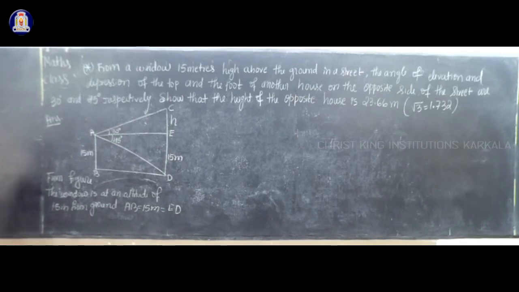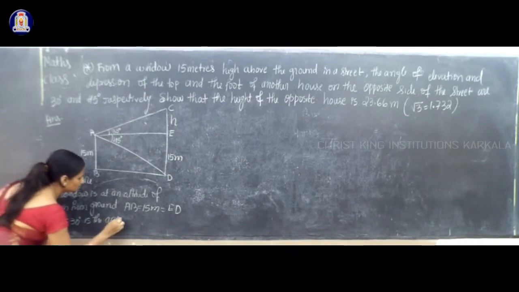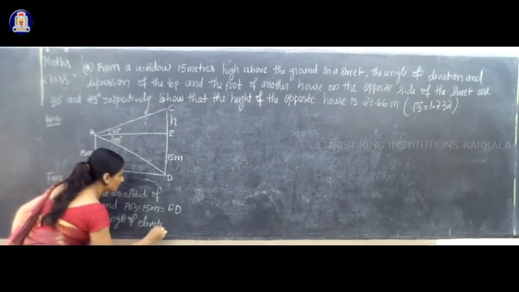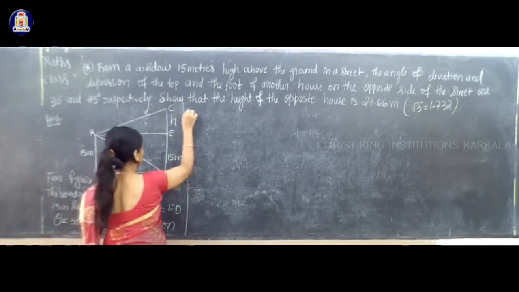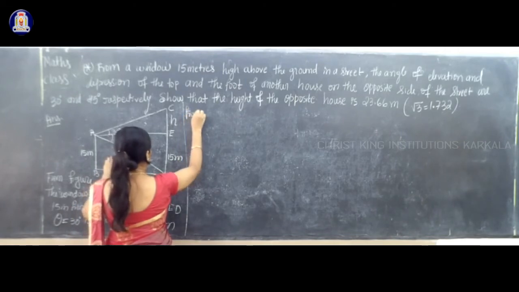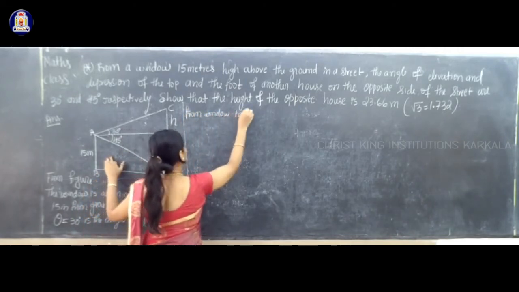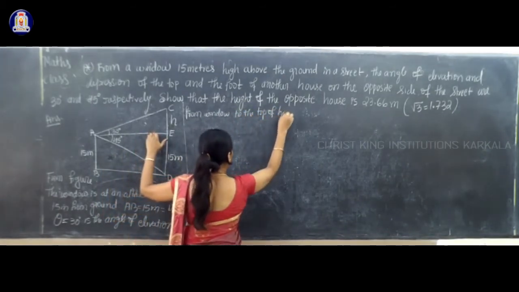Next, theta is equal to 30 degree is the angle of elevation from the window to the top of the house.